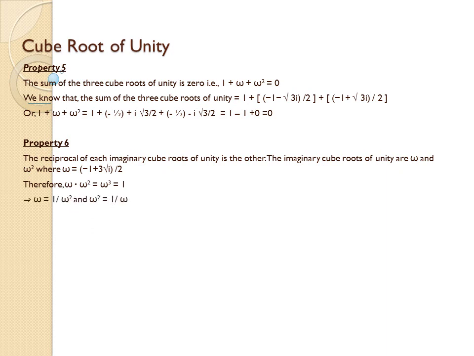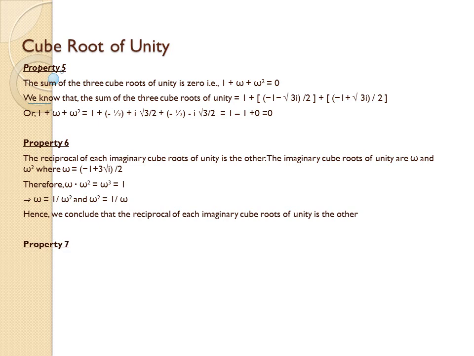So omega equal to 1 by omega square, that is also true, and omega square equal to 1 by omega. Hence we conclude that the reciprocal of each imaginary cube root of unity is the other. Basically omega into omega square equal to 1, so that thing we are proving over here, nothing else. So property number 6 is almost similar to property number 4.